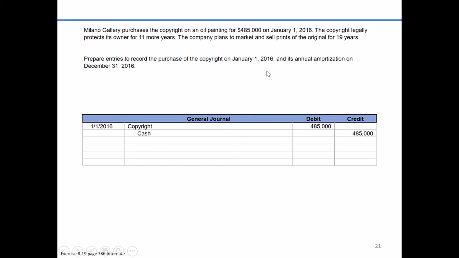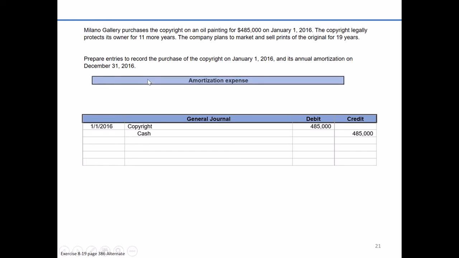The second entry it mentions is to record annual amortization on December 31st, 2016. We got lucky that we acquired the copyright at the beginning of the year. Now we fast forward to the end of the year and we've got to figure out how to allocate a portion of that cost according to the benefits it helped provide for that particular period as of December 31st, 2016.